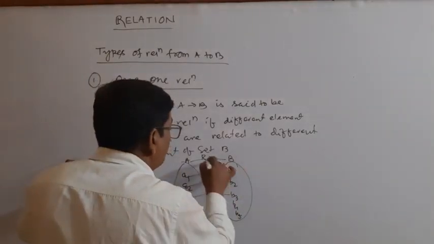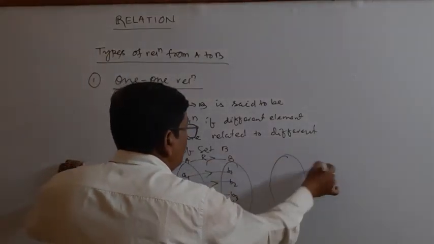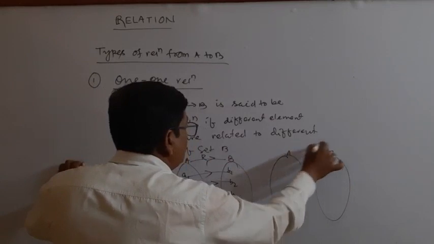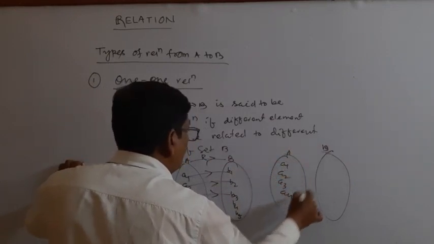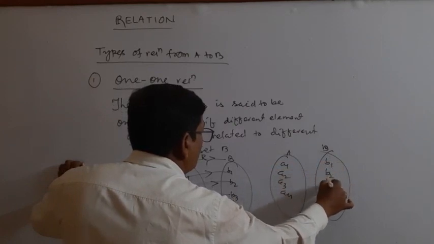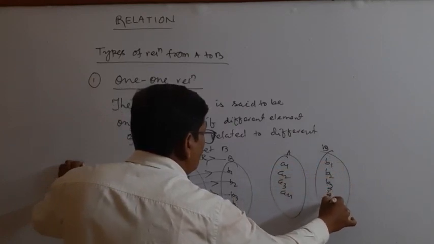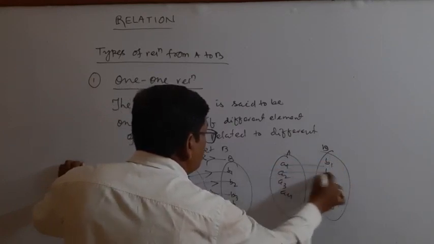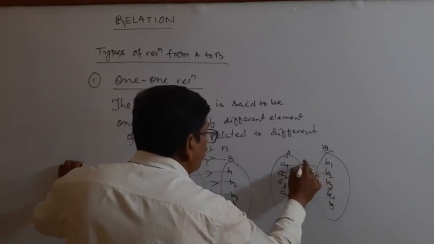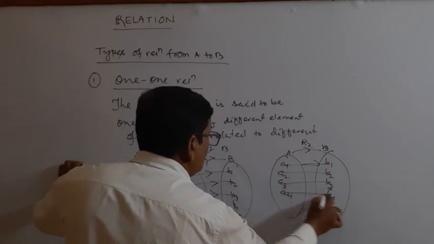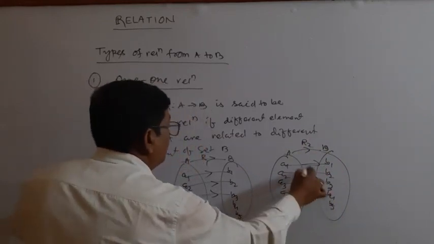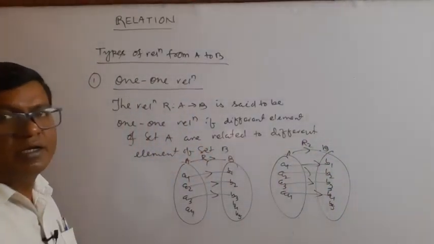Another example: suppose this is R1, A, and this is B, with A1, A2, A3, A4 and B1, B2, B3, B4, B5. This is also one-to-one. Suppose this is R2. This is also a one-to-one relation.